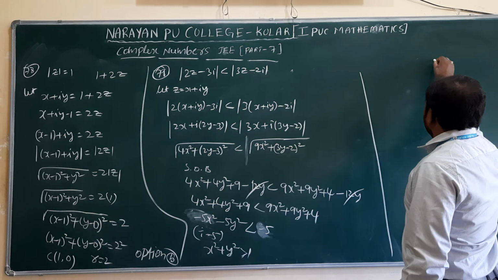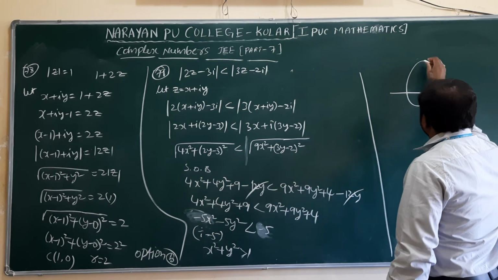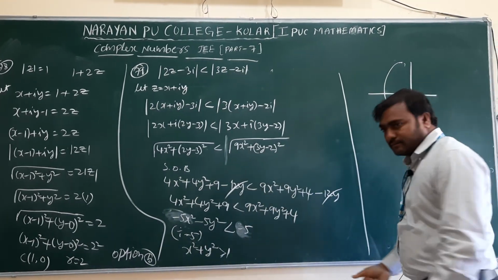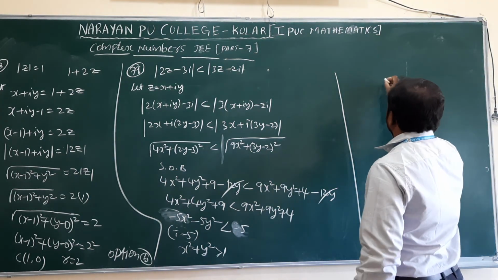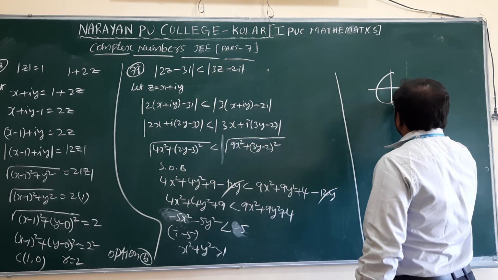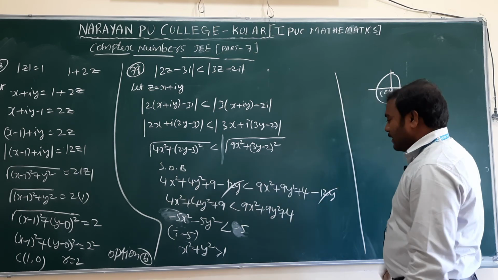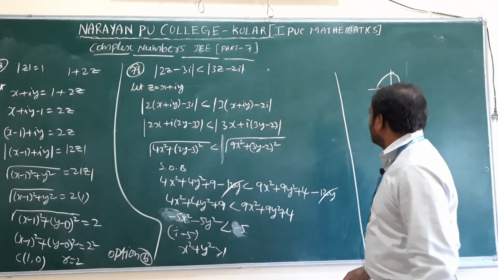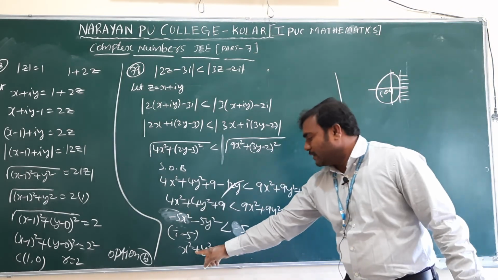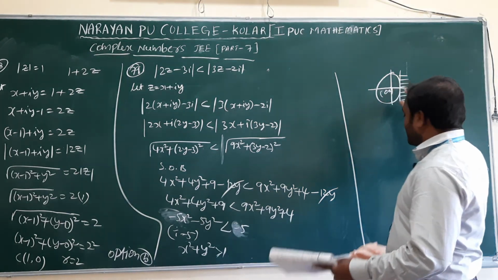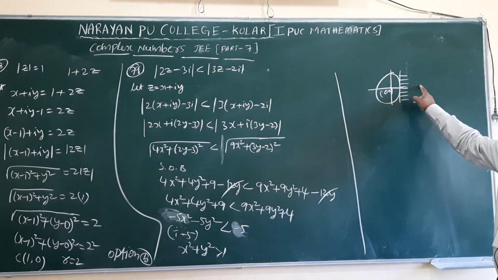For example, we have taken a circle with the center at the origin, and it is also greater than 1, it should be like this. The value should be here only, because the values are always greater than 1. Here, the exterior of the unit circle with center at z is equal to 0.